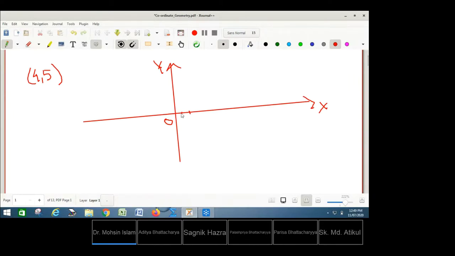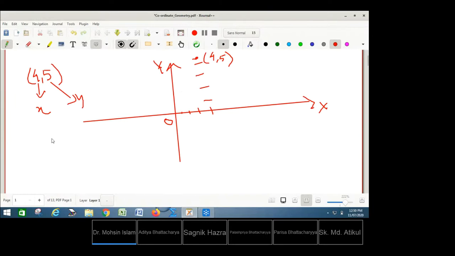Maybe you already know this from graph paper: you have intersections, and the graph points are the squares. One square unit is 1 point. So 1 2 3 4 along x, then you go up 1 2 3 4 5. Like this is your 4 comma 5, right? This is how you find points on the coordinate axes.